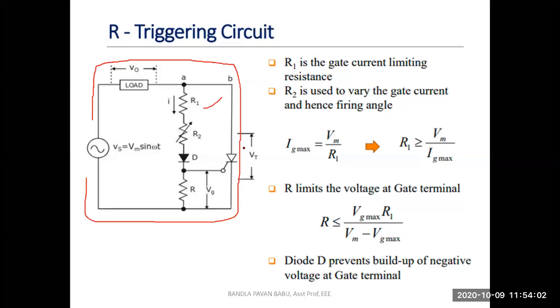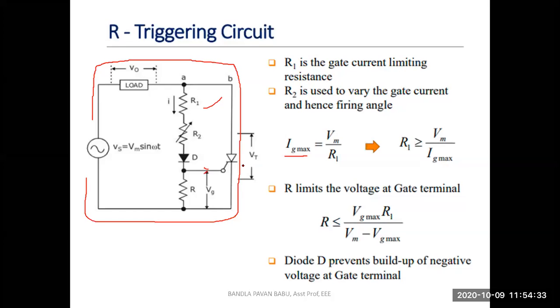Firing means we are making the SCR turn from the off stage to the on stage. When Ig is minimum, the switch will be in forward blocking state. When it reaches the maximum gate current, the switch will conduct.